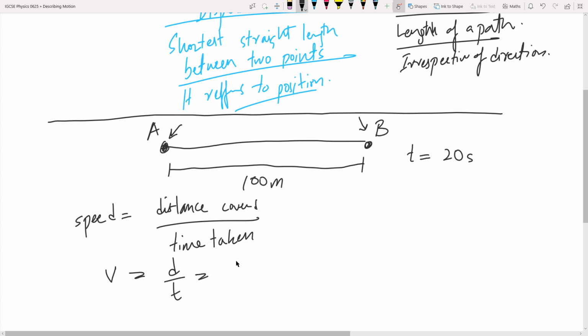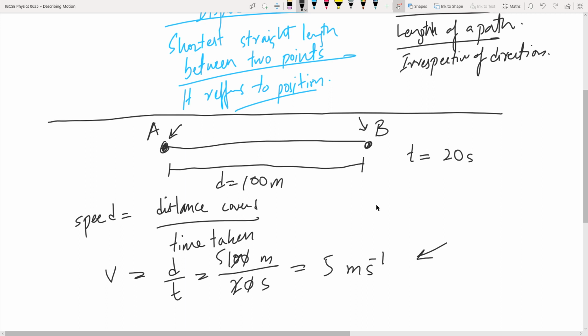This d over here is 100 meters divided by 20 seconds, right? So this sums up to 5, so it gives 5 meters per second. So that's the speed of the vehicle at which it covered this distance.